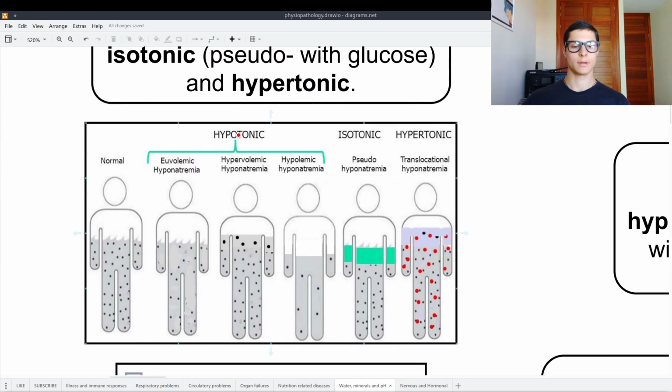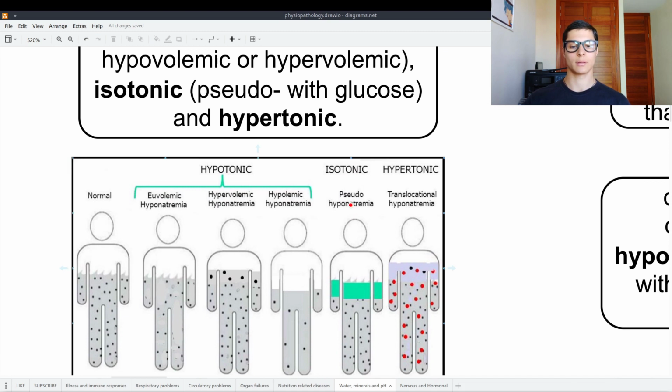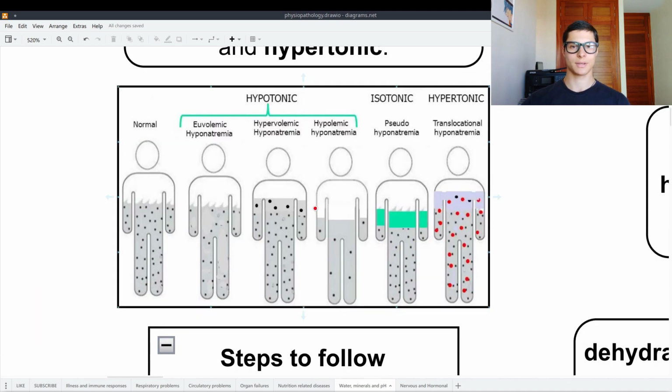We have the hypotonic, which can be euvolemic, so same amount of volume, hypervolemic, so more volume, and hypovolemic. We have the isotonic hyponatremia, which is called the pseudo-hyponatremia because glucose will trap some water inside, making it isotonic. That's why it's pseudo. And then we also have the hypertonic, as you can see in these drawings.